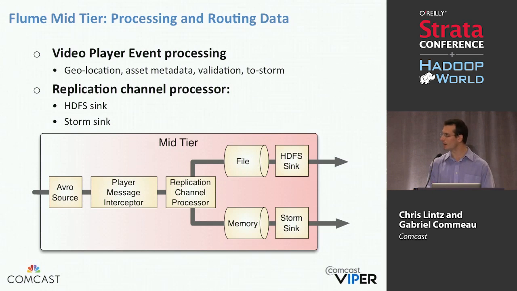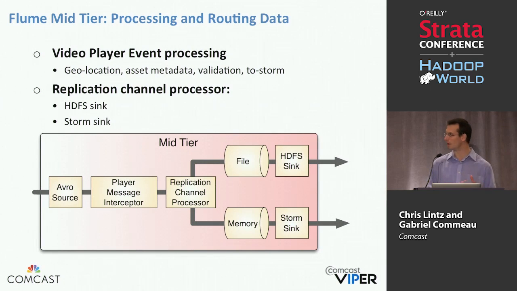So in our case, decorating might be adding geolocation information to the analytics events or adding video asset metadata information, stuff like the movie title, the list of actors, the duration of the movie. Filtering may be based on validating that the analytics events follow our specification or selecting which messages should go to Storm.